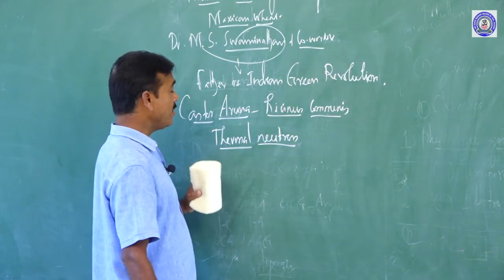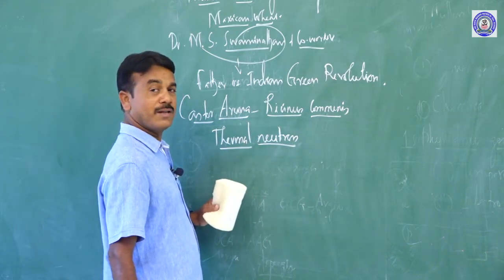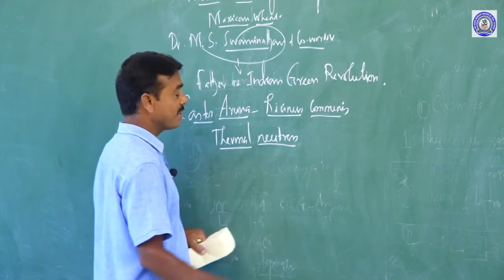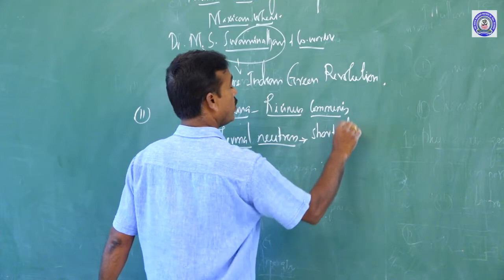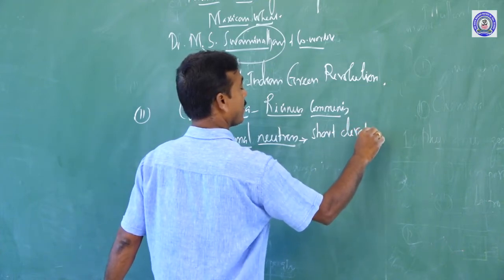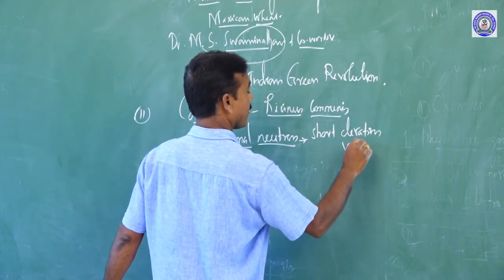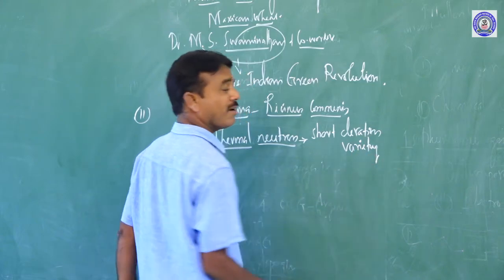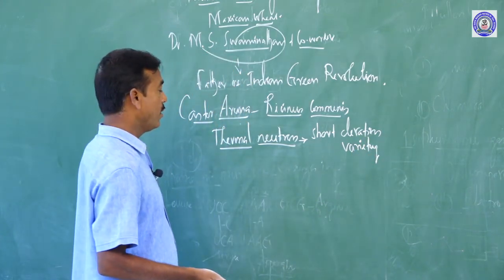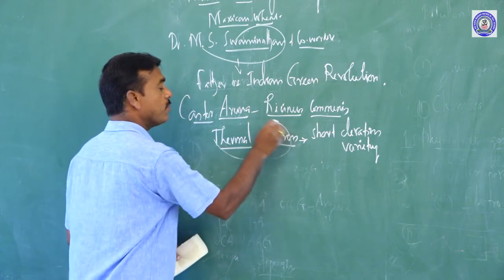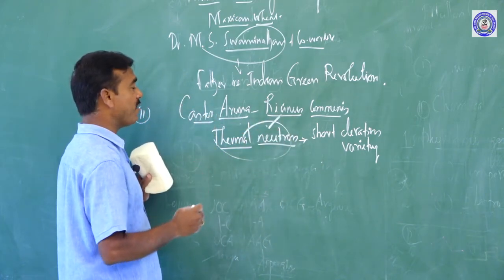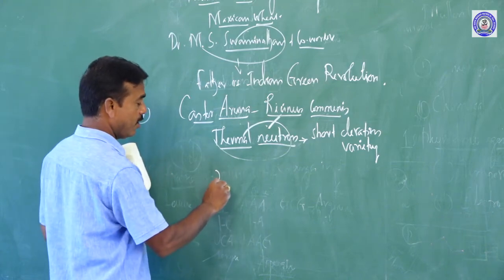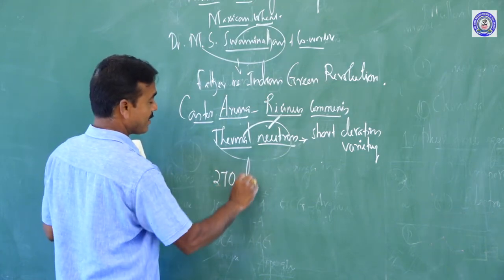By treating the seeds with thermal neutrons, a short duration variety, also called early maturing, is produced. Without thermal neutron treatment, the total lifespan of castor is about 270 days.